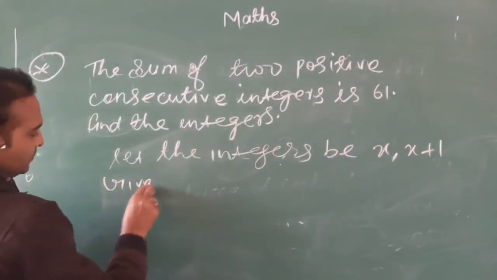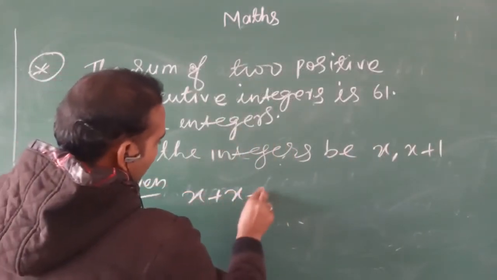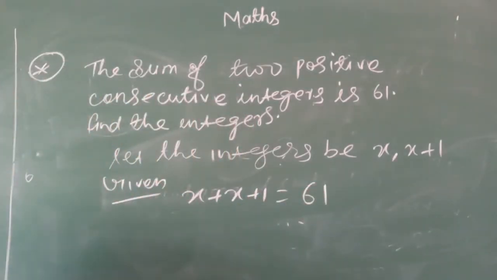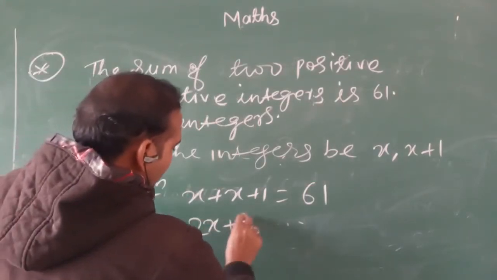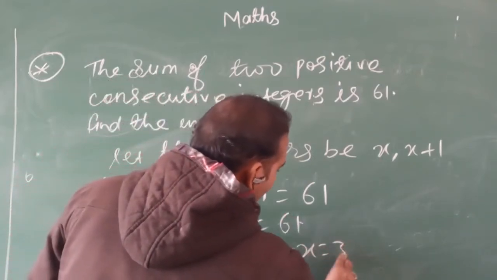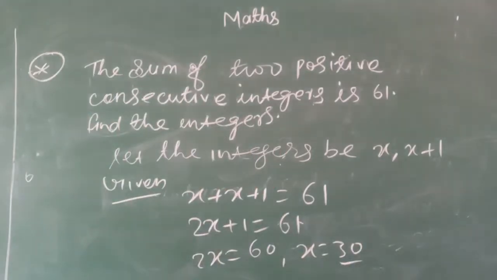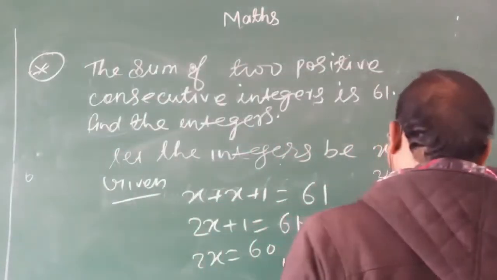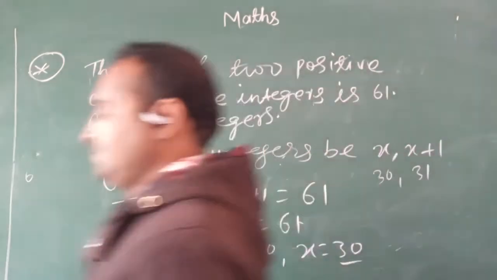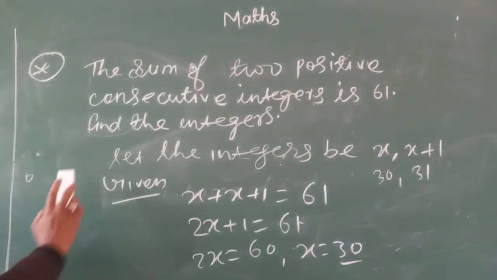Given the sum of the two integers is 61, we have to find the value of x only. That is 2x plus 1 equal to 61, 2x equal to 60, x equal to 30. Then the first integer is 30 and the second one is 31. This was the statement that the sum of two positive consecutive integers is 61. 30 plus 31 is 61.